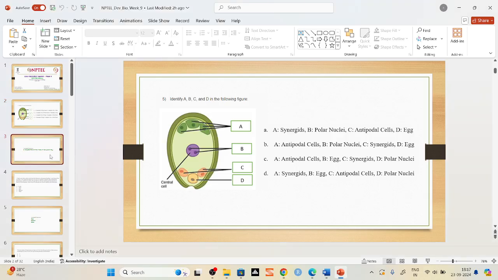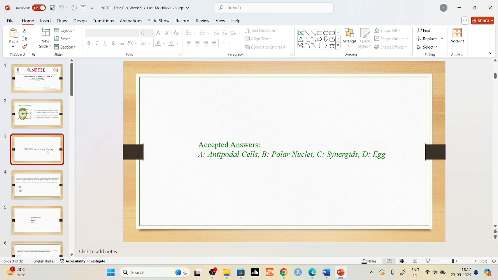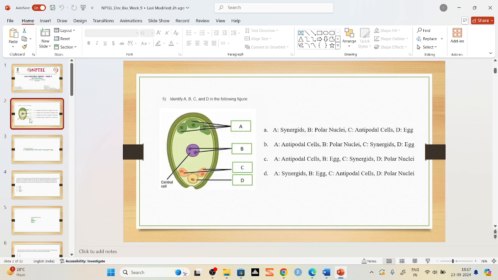So the correct answer is A is antipodal cells, B is polar nuclei, C is synergids, and D is egg. Now let us try to understand this question.